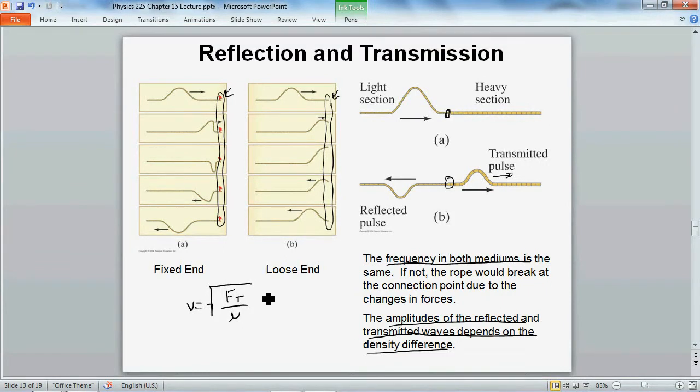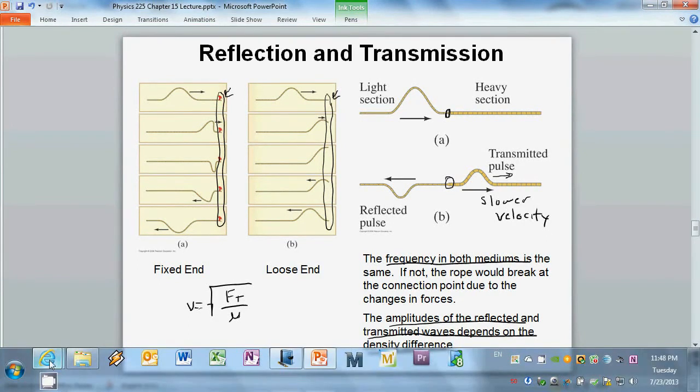So the force of tension is a constant, but mu changes. Mu is getting larger in the heavier cord, which means that if mu is larger, then the velocity will decrease. So the velocity is slower on the heavier side.